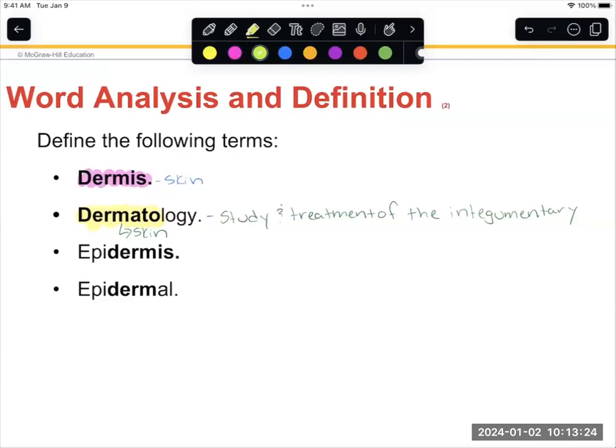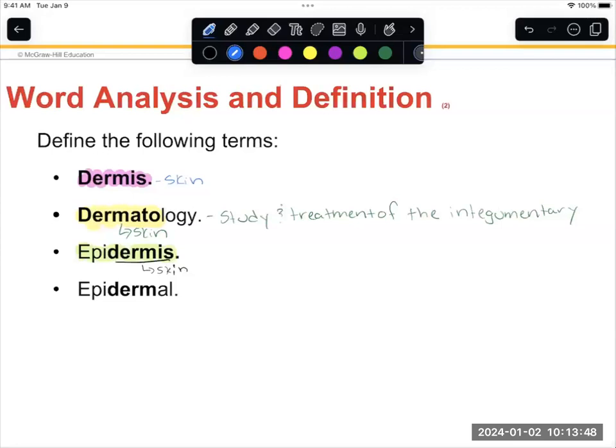The epidermis, epi means above. So epidermis, above the dermis. It is the outer layer of the skin. So that dermis meant skin.